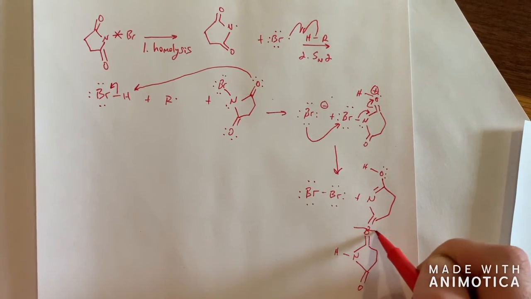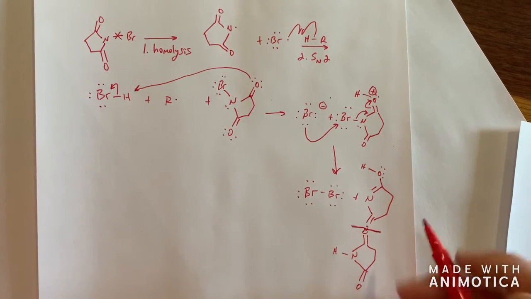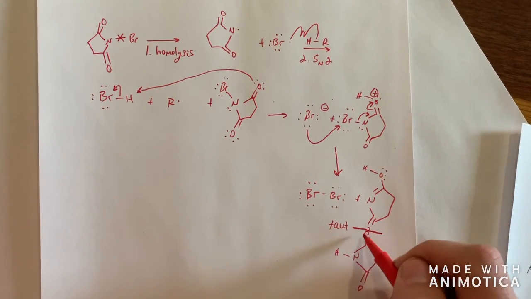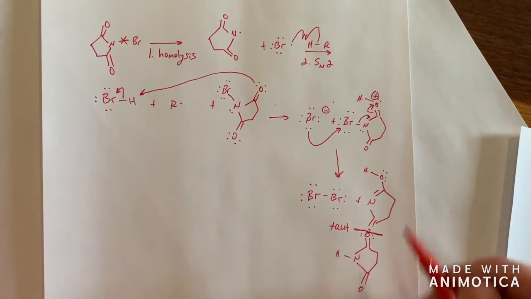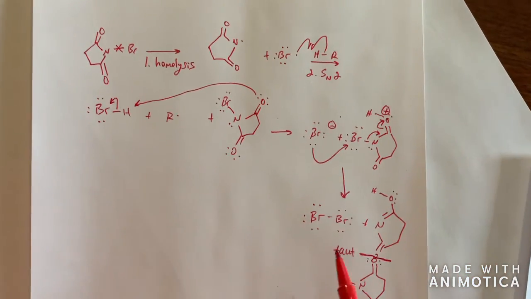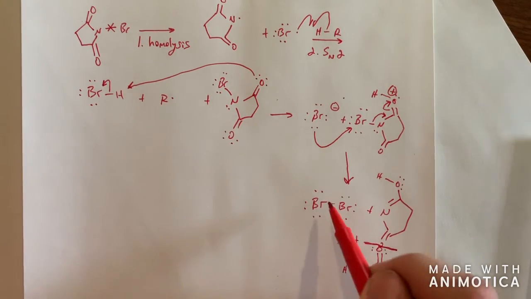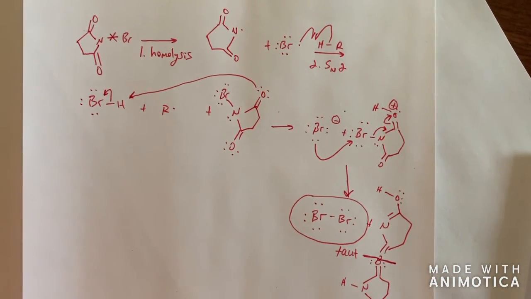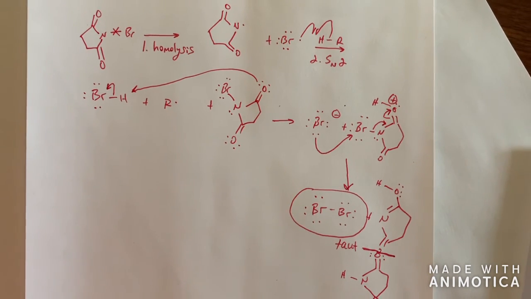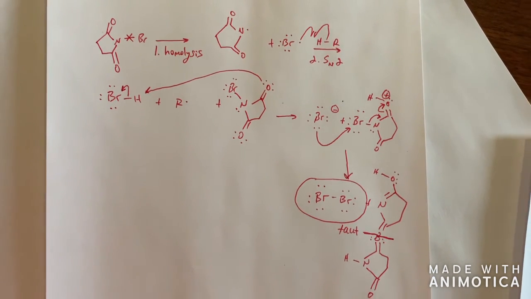So this is separate here, and we have tautomerization between that hydrogen to this nitrogen. And then our product that's formed is this Br2 right here. That was our wanted product through radical halogenation of NBS.